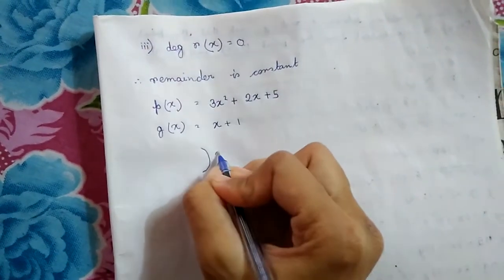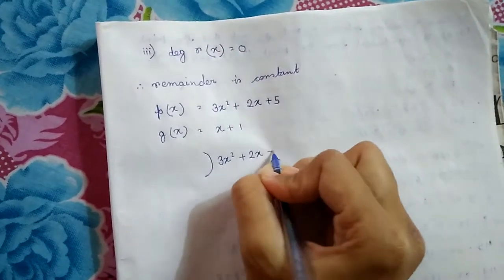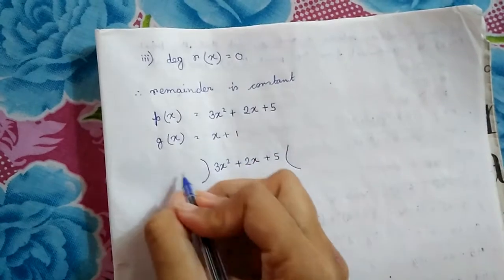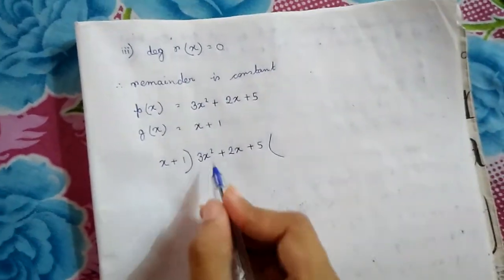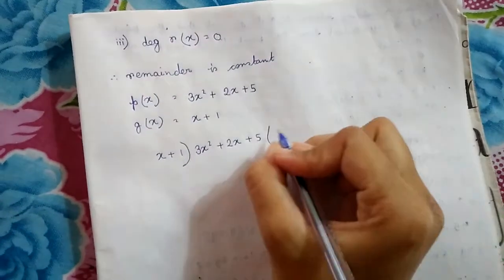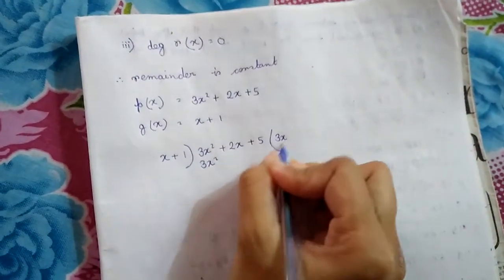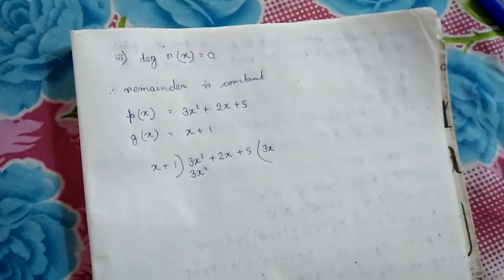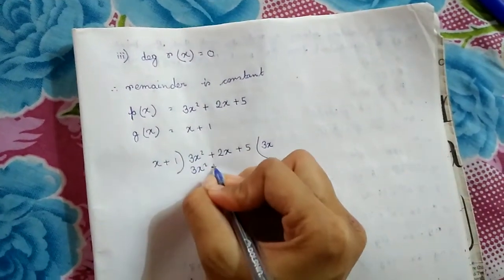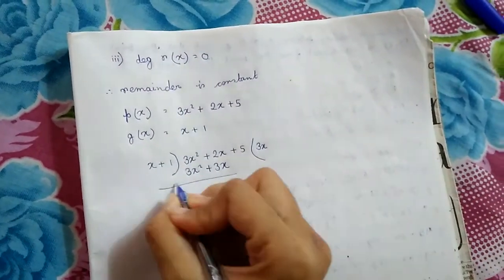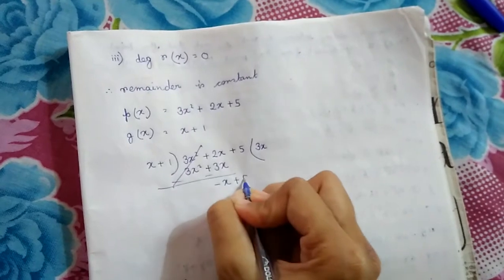Now 3x square plus 2x plus 5, if we divide with x plus 1, now x and 3x square, that means you have to multiply with 3x. 3x into x became 3x square, and 3x into 1 will become plus 3x. Now let's change the sign and you will get minus x plus 5.